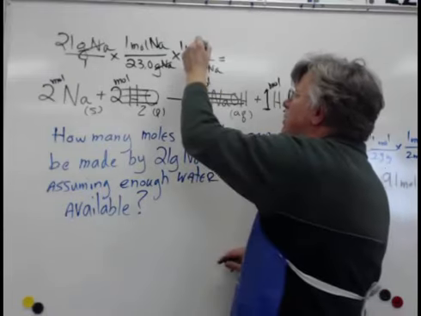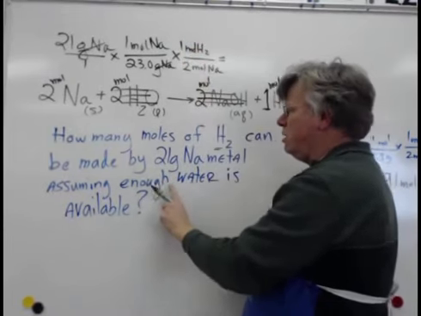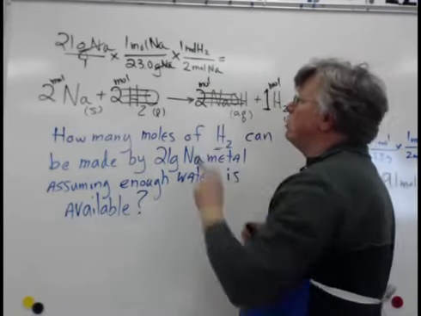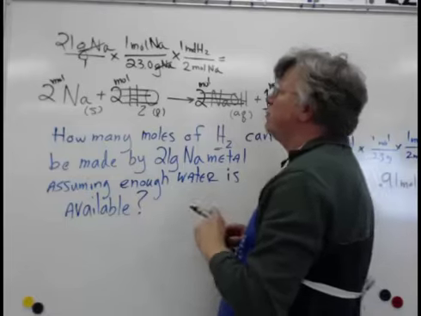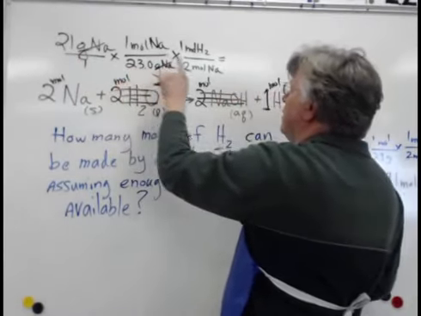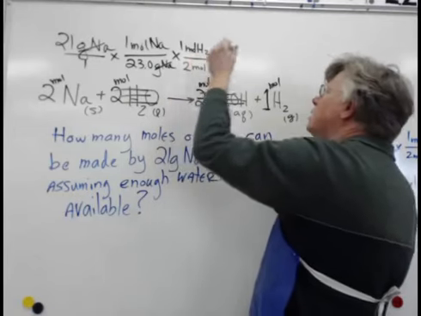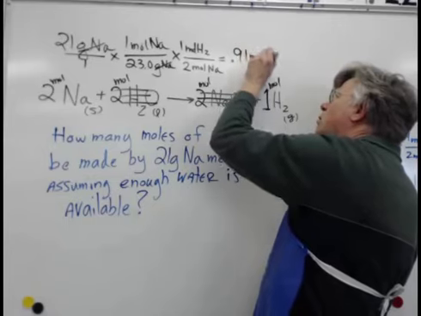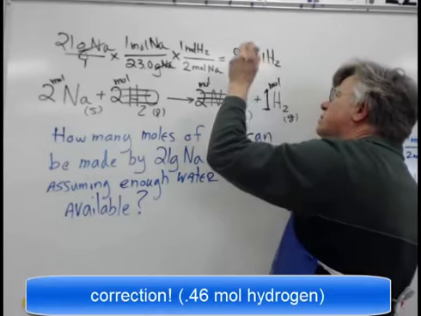And so since the unit here is how many moles of hydrogen gas could be made, I'm good to go on that. The math was pretty simple. It was 21 divided by 23, and that divided by 2 comes out to 0.91 moles of hydrogen gas.